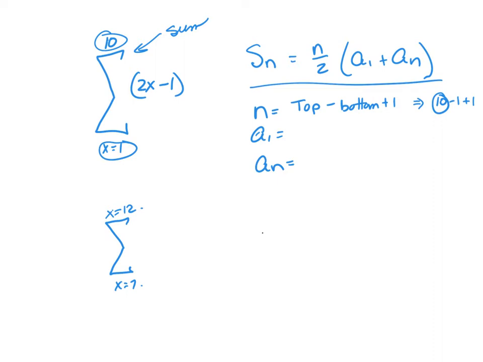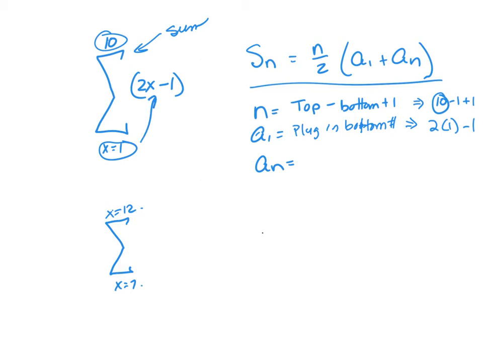Okay? A1, we take the bottom number and plug in the bottom number. So that would be 2 times 1 minus 1, which is what? You go to the equation that it gives you next to the sigma, and you plug in the bottom number.